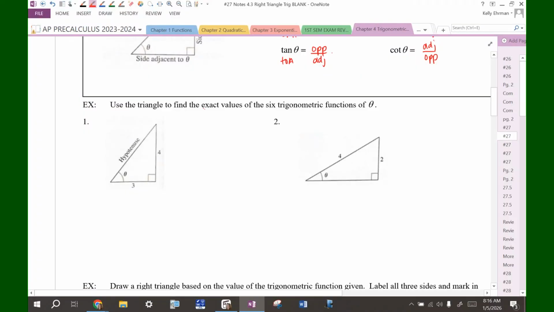Use the triangle to find the exact values of the 6 trig functions of theta. So exact values means no calculator. We will leave things in radical form and go from there. In order to solve a right triangle, you need to know what the 3 sides are. Remember, we do have the Pythagorean theorem where a squared plus b squared equals c squared.